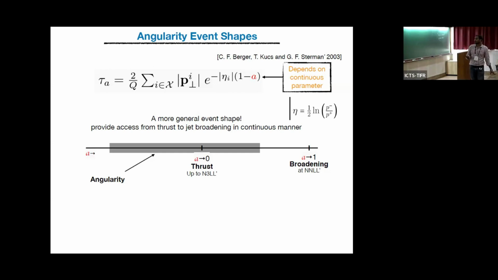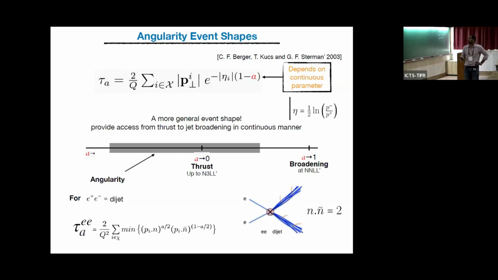For example, if a goes to 0, that is exactly the thrust limit. And if it goes to 1, it is the jet broadening. There are other event shapes, which I will not be talking about. So in some sense, the study of angularity includes many other previously studied event shapes, and it is a more general study of event shapes for a process.